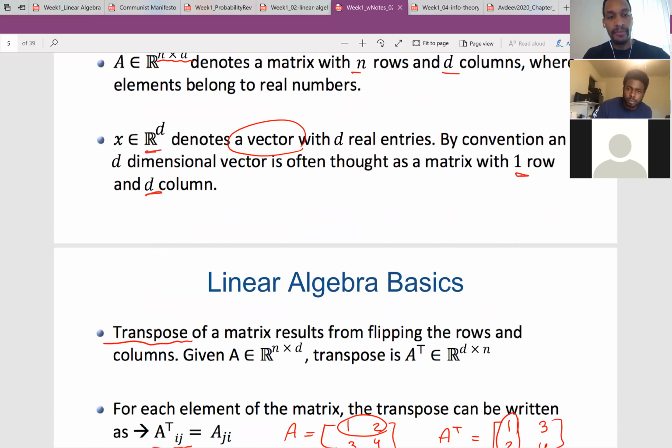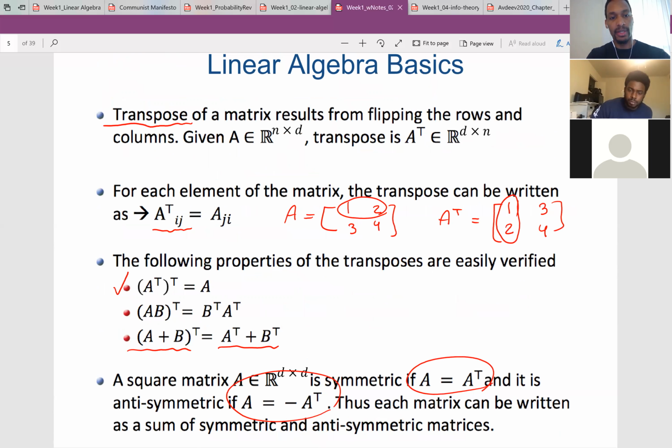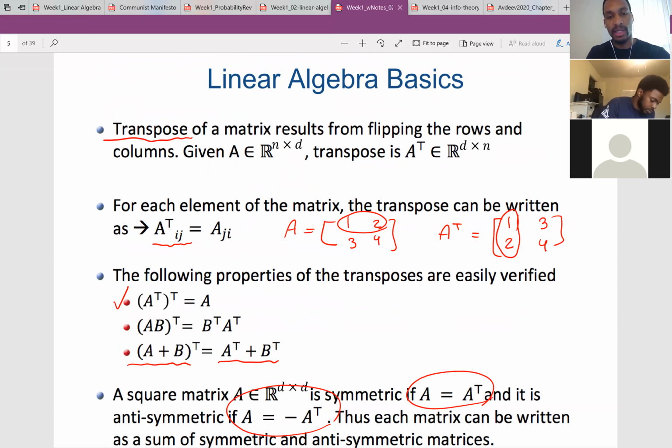Some other things we can do with matrices: we can transpose the matrix by flipping the rows and the columns. If A has dimension n by D, its transpose, written A with a T, has dimensions D by n.